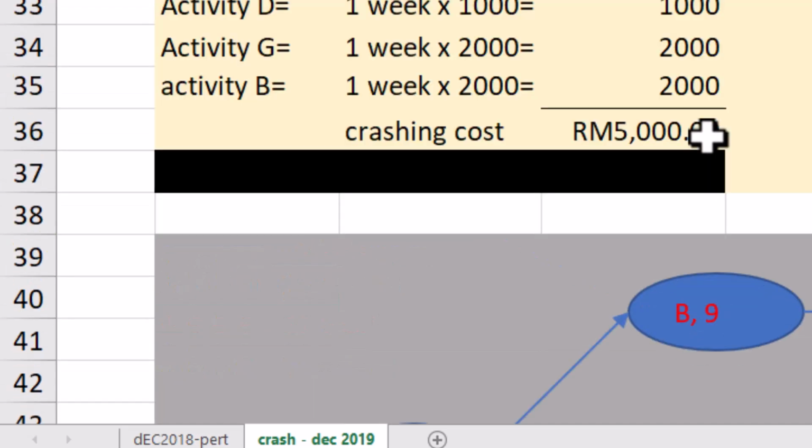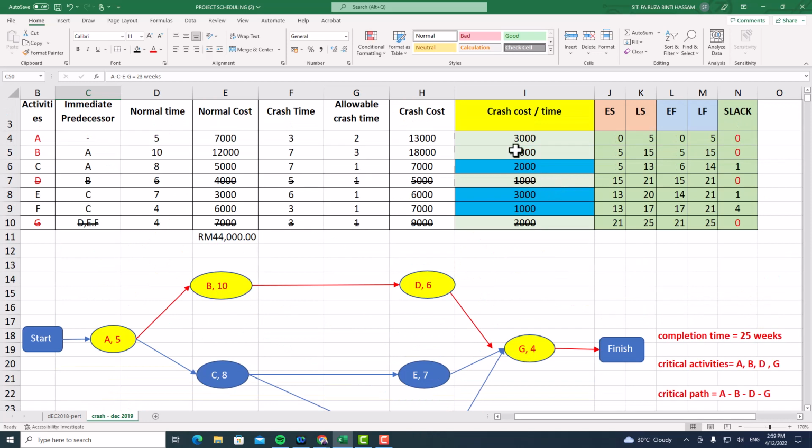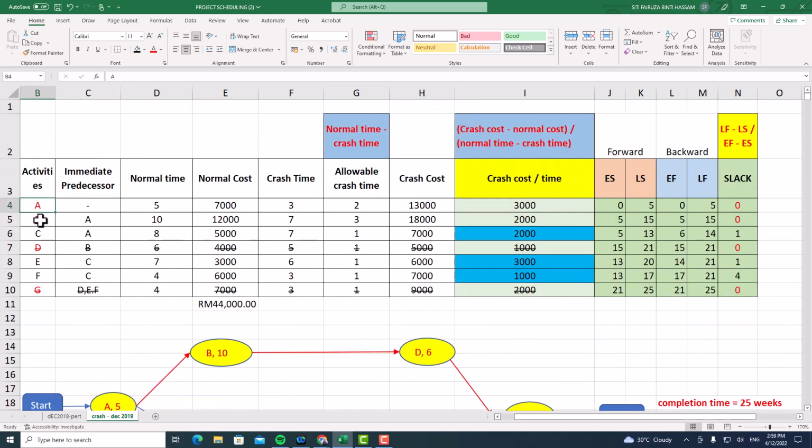Okay, so let's have a look into this list. So A, this one cannot. A, C, E, and G. So if you can see here, between A, C, E, G we cannot crash anymore for those that have been used before.